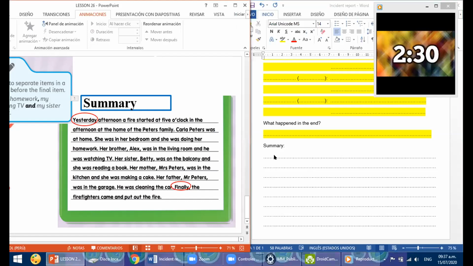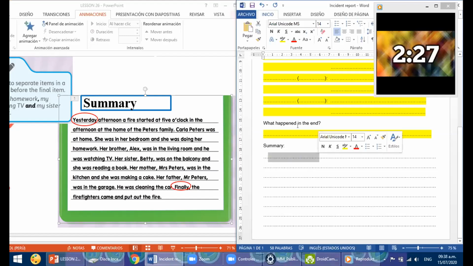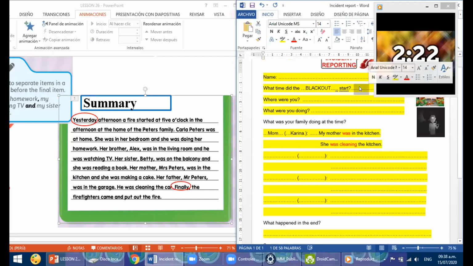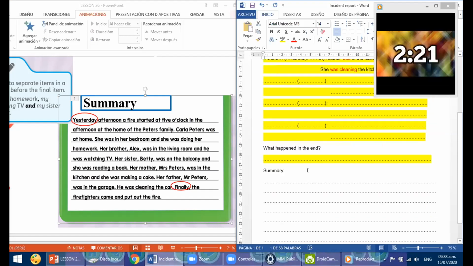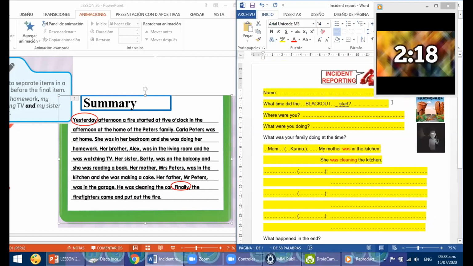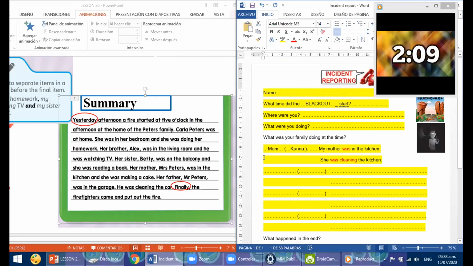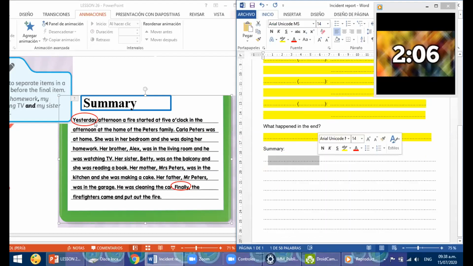Yesterday afternoon, the same. No, it was in the afternoon. If you put here 3 o'clock in the morning, then yesterday morning. If you wrote here in the afternoon at 5 o'clock, then yesterday at 5 o'clock. If you write evening here, the same. Yesterday afternoon, a fire started.